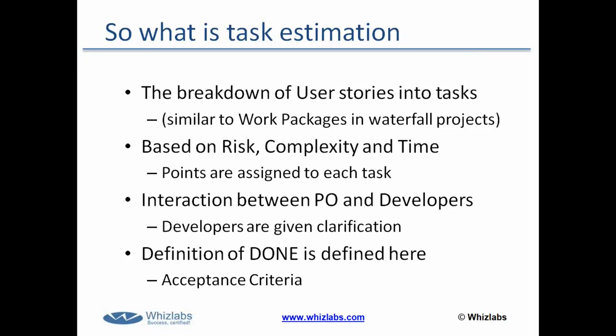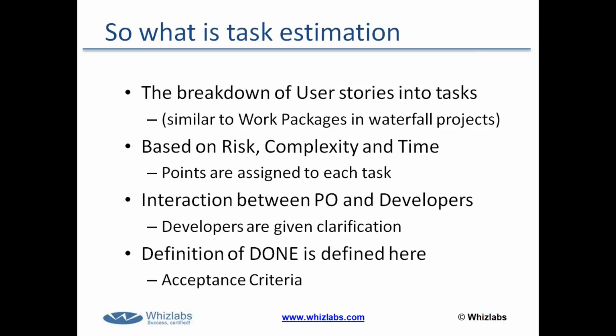And then they will assign a number, a value, to each task that will be used to determine the velocity. It will be used to determine the amount of work that the team is willing to accept to do in this particular sprint.